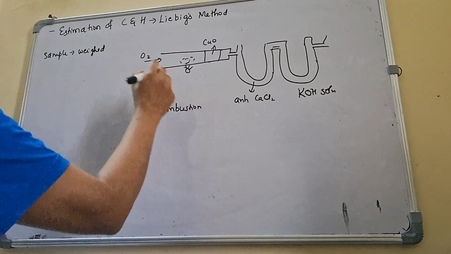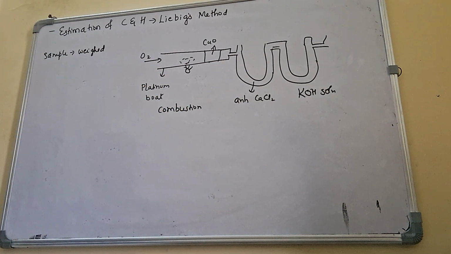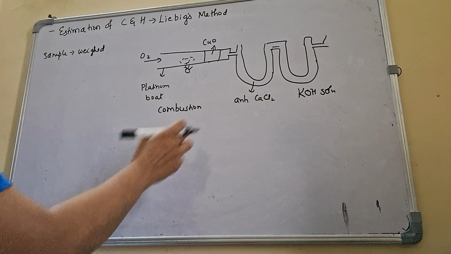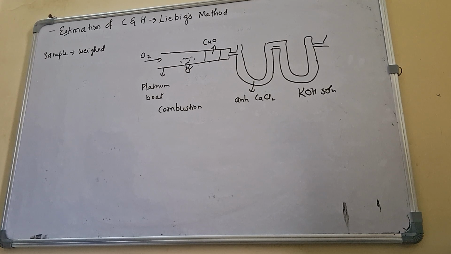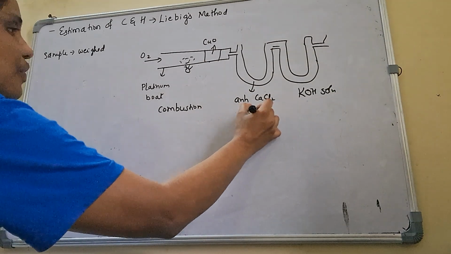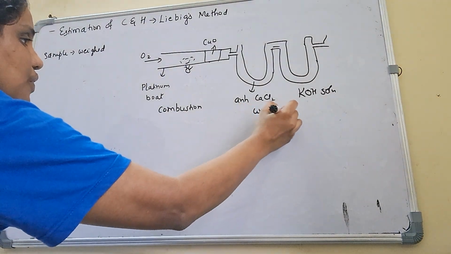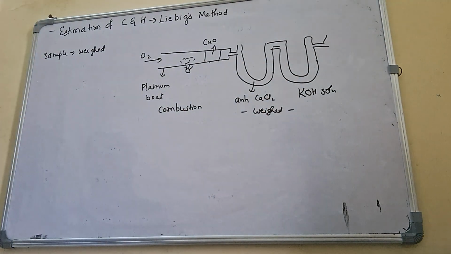So the organic sample is placed in the platinum boat in the combustion tube, and next to it you have dry cupric oxide, so that there is complete oxidation, and you have two absorption tubes, one which is containing anhydrous, no moisture, anhydrous calcium chloride. Another one contains a concentrated potassium hydroxide solution. Okay, these are also weighed. These are also weighed accurately, both of it, along with the tube.